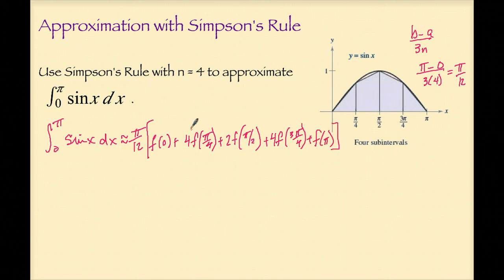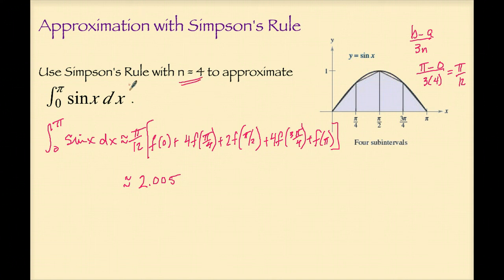Remember to alternate the factors 4, 2, 4, 2 for the function values between the endpoints of the interval. This is approximately equal to 2.005. That's the approximation of the integral of sine x from 0 to pi using Simpsons rule and 4 subintervals.